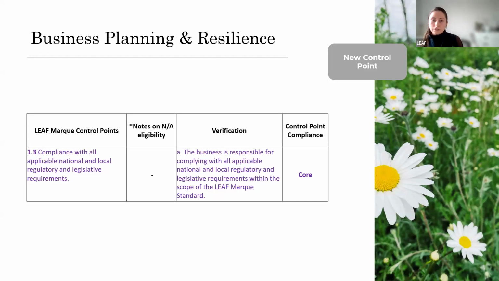And while the LEAF Marque standard is a global standard, local and national rules may provide those important guidelines for businesses to follow, for example, in terms of protecting certain species or natural resources like water bodies and watercourses, but also to prevent management practices that might not be legal and may be detrimental to the environment.